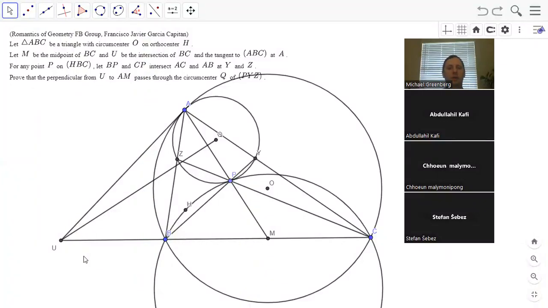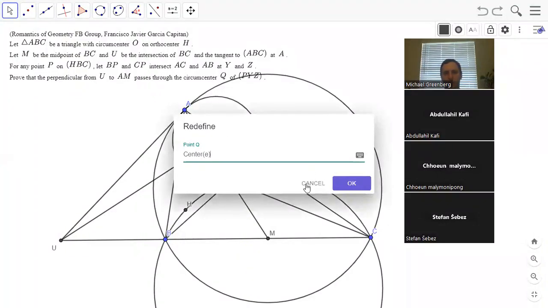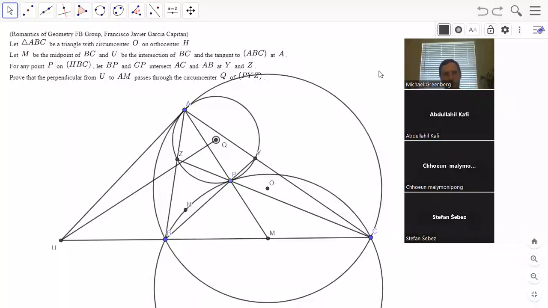So yeah, I see that U lies on the radical axis of the point circle A and circle BPC and the circumcircle ABC. So it has the same power with respect to all three, but point Q, I'm trying to think how to use that. Is circle AZPY tangent to ABC?